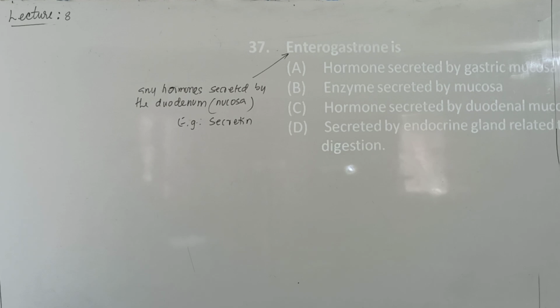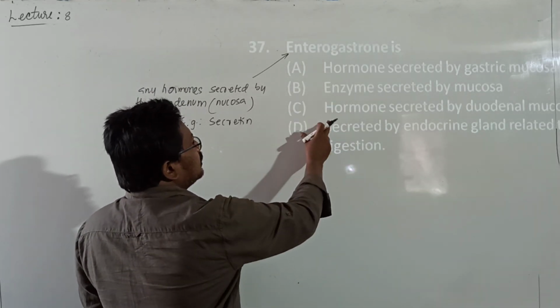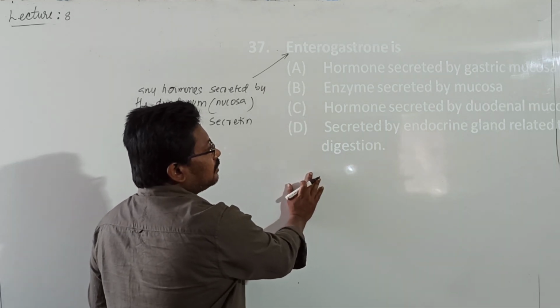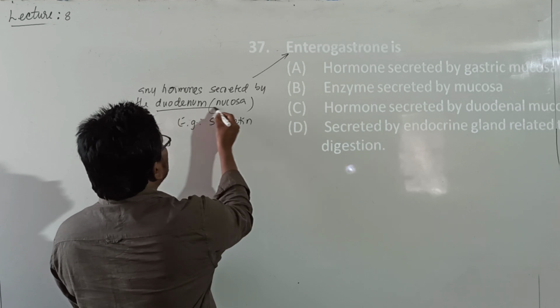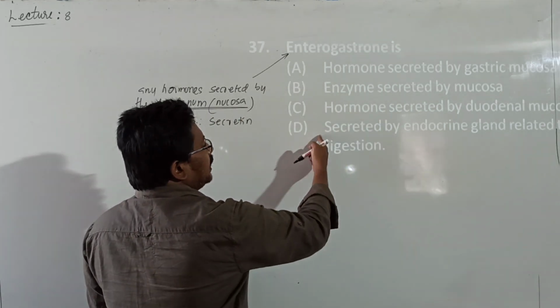Hormone secreted by gastric mucosa? No. Enzymes secreted by mucosa? That is not properly described in this case. Then option C, hormone secreted by duodenal mucosa. Yes, this is it.